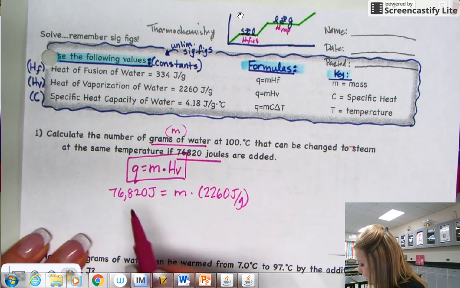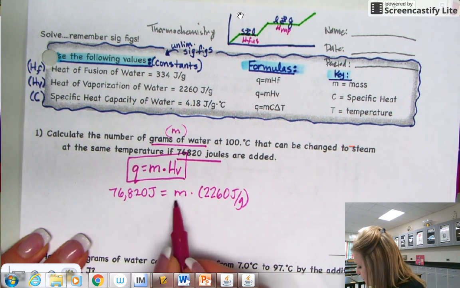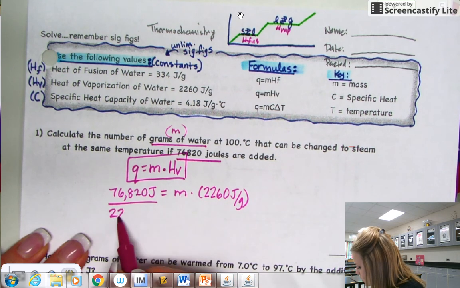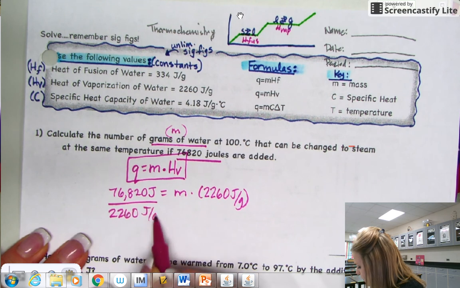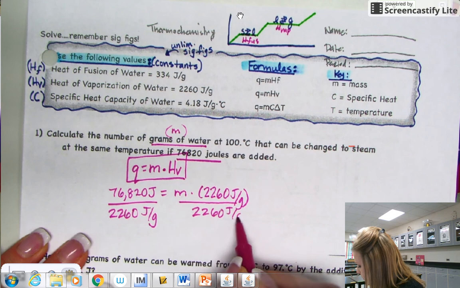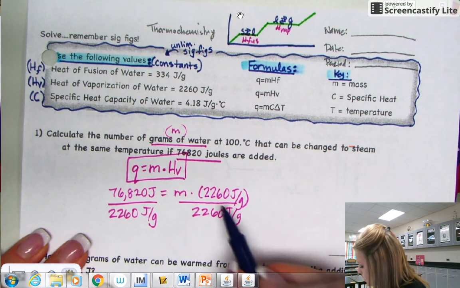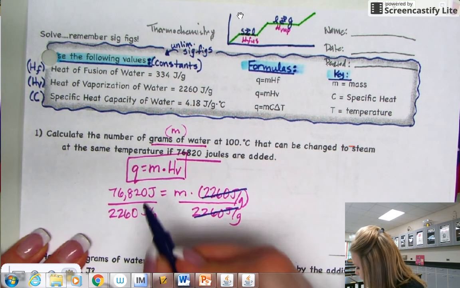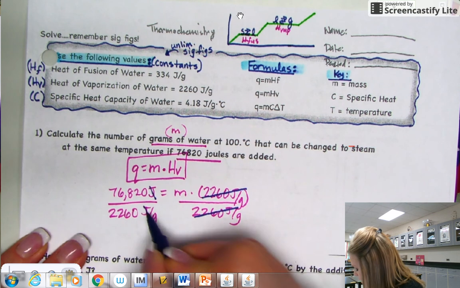Now notice here that your units, the joule unit, will cancel. So we're going to have to divide both sides. To isolate our variable, we're going to divide both sides by 2260 joule per gram. So what that's going to do is it's going to let it cancel on this side, and also on this side allows joules to cancel.